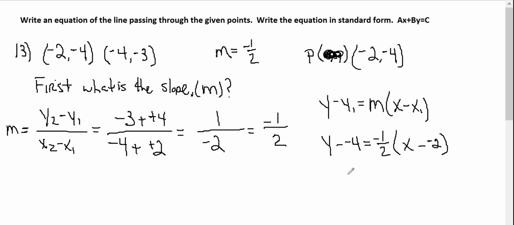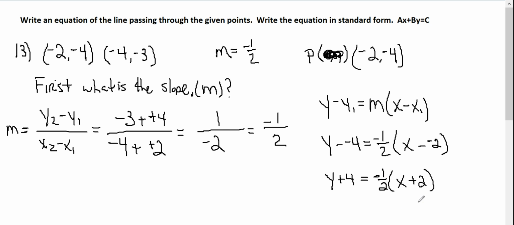All right, let's clean this up a little bit by making this y plus 4, that will equal negative 1 over 2 times x plus 2. I'm just getting these double negatives out of there and cleaning this up.